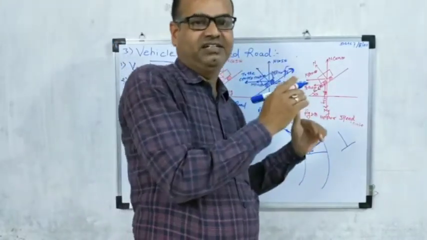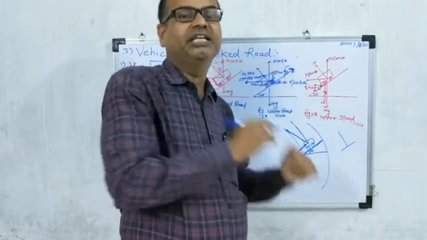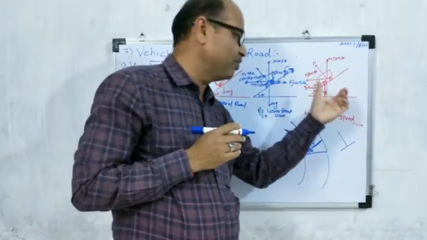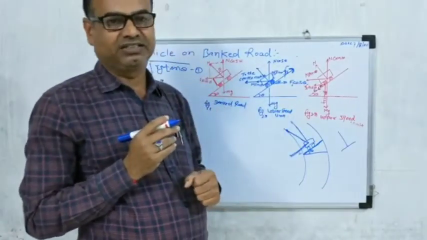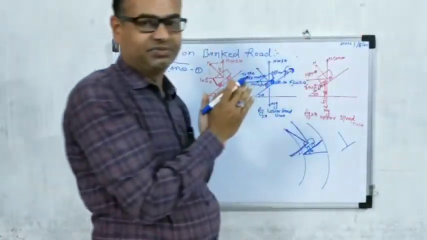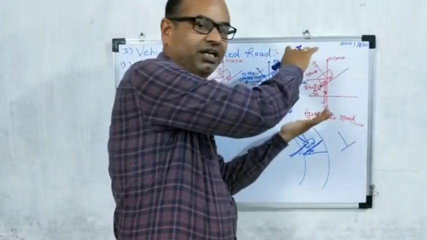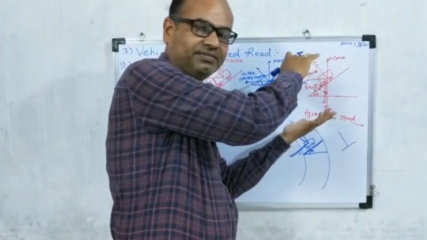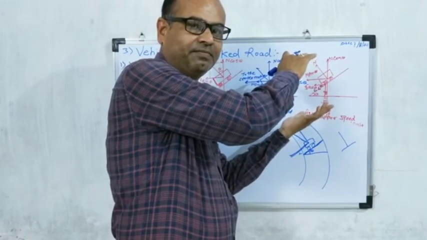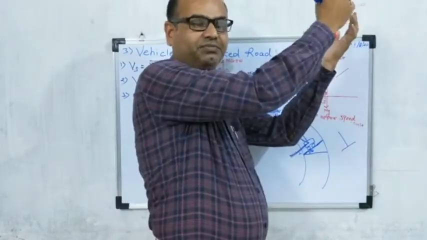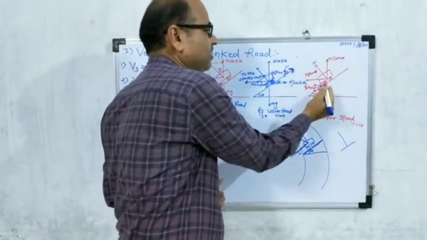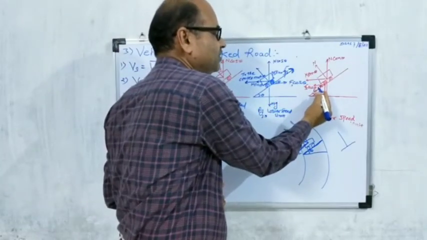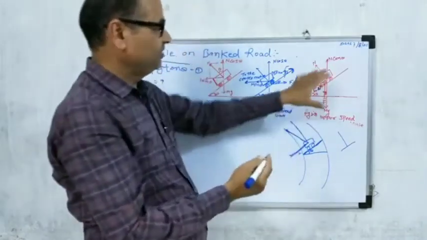But here also a frictional force must be provided on the car. The car is moving at a higher speed, but the frictional force is provided in the downward direction.